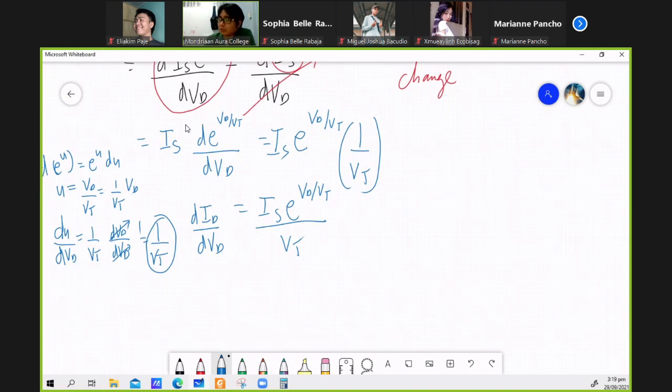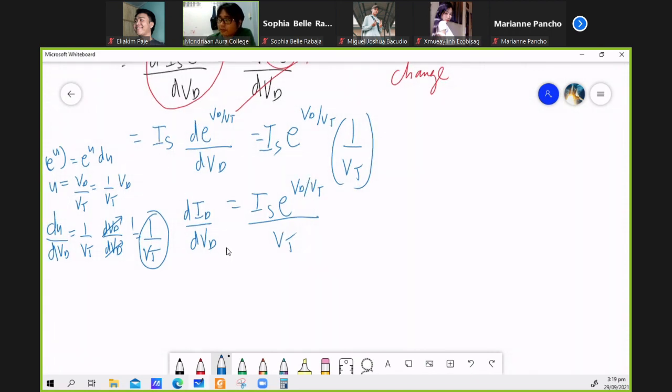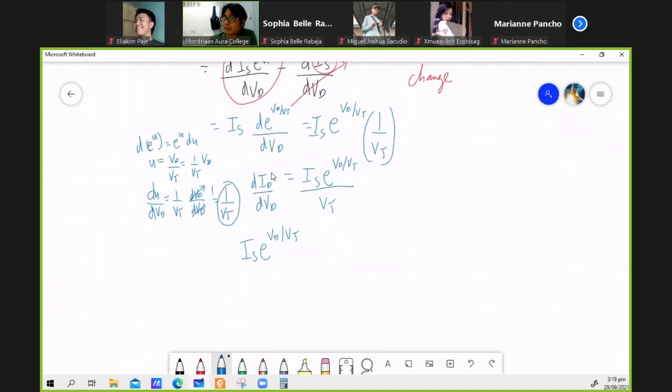So I want you to focus on the numerator of the right-hand side. Yan. So I sub S, E raised to VD over VT. Remember our original equation for Shockley's equation? Original form, I sub D is equal to I sub S times E raised to VD over VT minus 1.